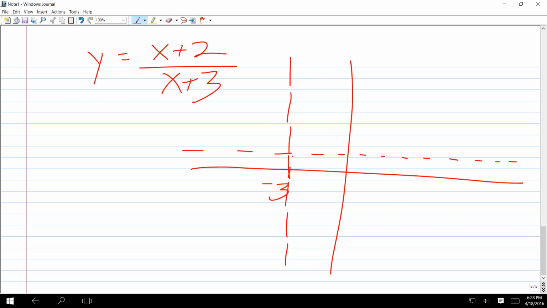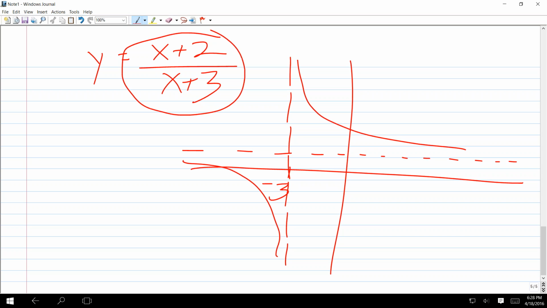Now, I suspect that it's this way, but to be honest, I'm not good at telling that just from that. I really need to plug in a value. The value you want to plug in is to the right or left of the vertical asymptote.